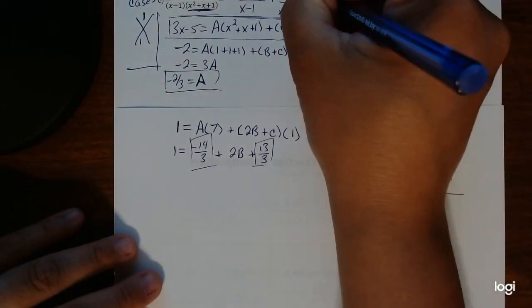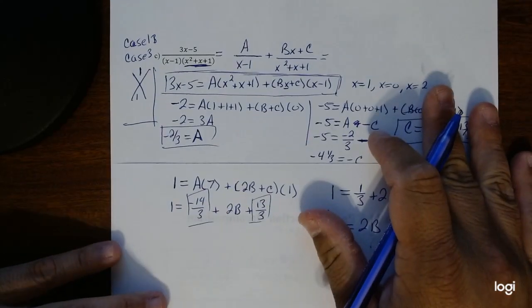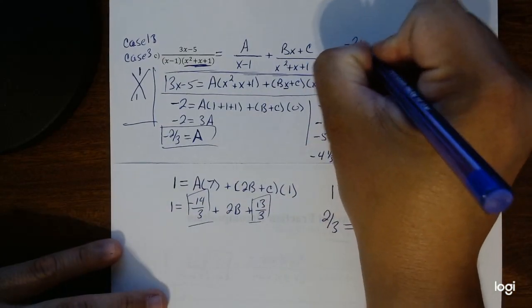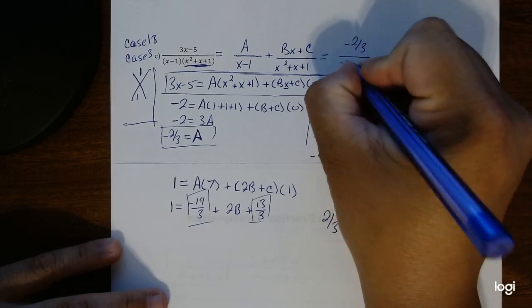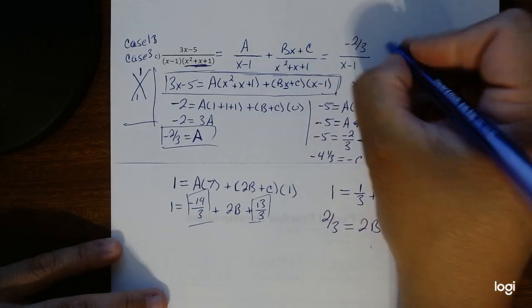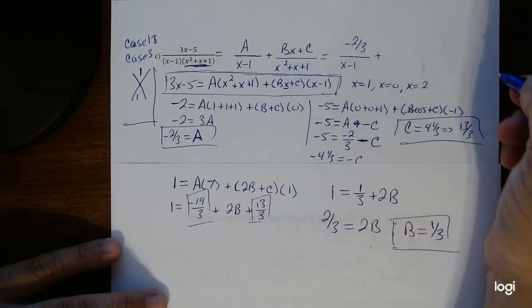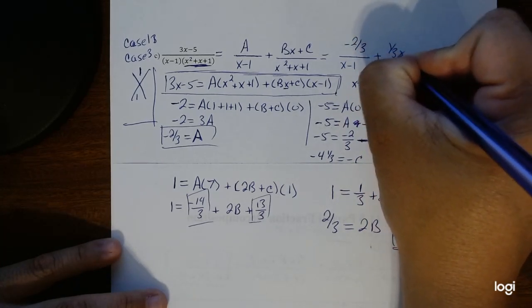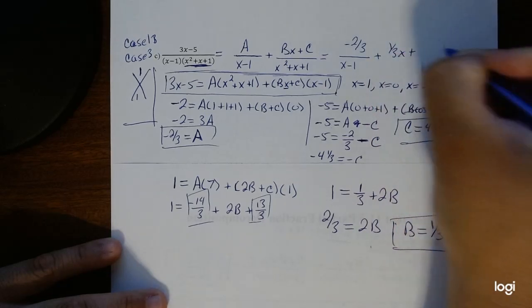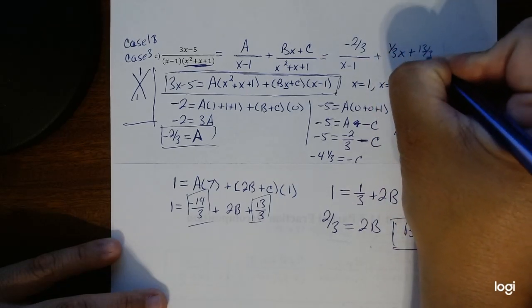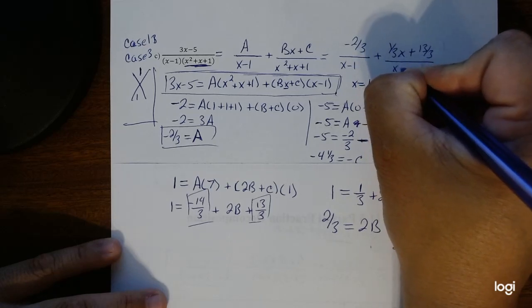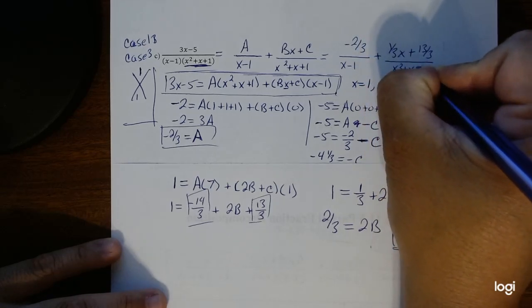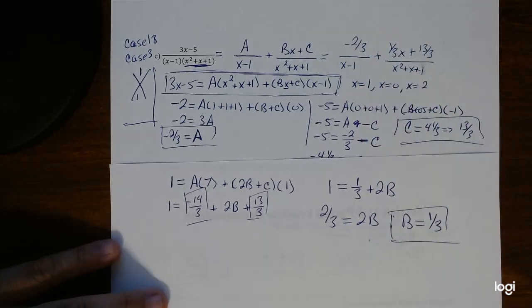So my final answer would be, and you can just leave it like that most of the time. Depending on your professor, I'll show you a different way of rearranging this kind of stuff as well. So that's technically fine.